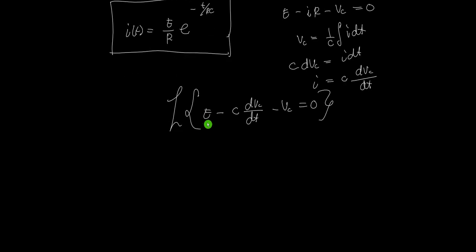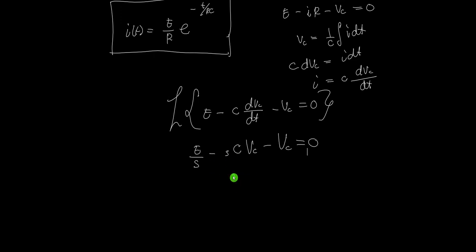So again, E here is a constant, so this will be E over S. It can be any constant, unit or step response, minus the Laplace of a derivative. That's just S times C times V, capital V in the S domain, minus Vc in the S domain equals 0. Then solve for the output.